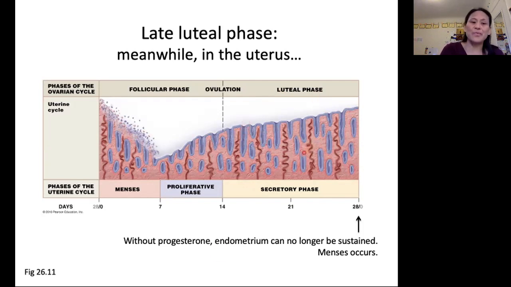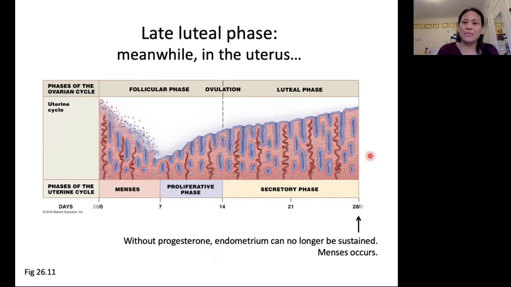So without progesterone, the endometrium can no longer be sustained. What happens is blood vessels start to contract, and the cells are going to die from lack of nourishment. And that basically causes us to re-enter menses. So we go back to the beginning of the menstrual cycle.